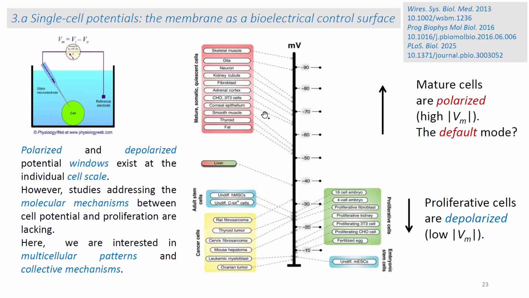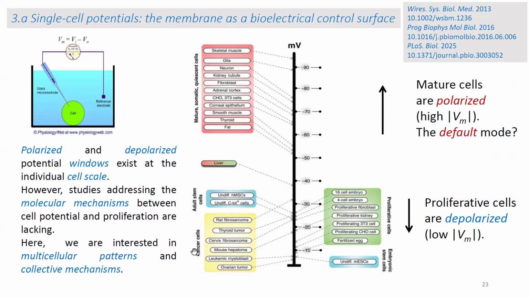And for instance, clear polarized and depolarized voltage potential windows. Usually, differentiated cells are characterized by polarized states in the sense that they tend to show high absolute values of the negative cell membrane potential, while on the contrary, proliferative cells seem to show depolarized values for the cell potential, which here are low absolute values of the potential difference between the cell inside and outside.